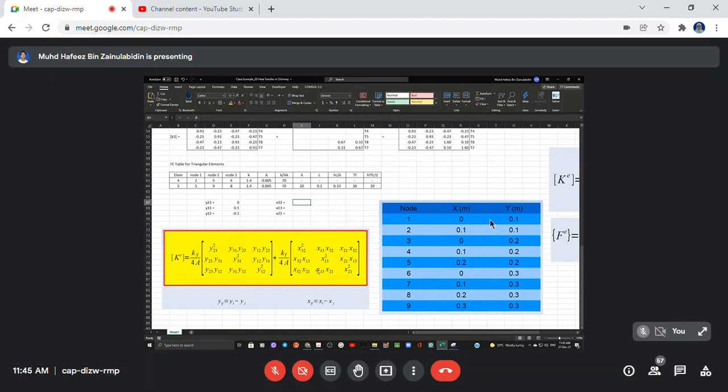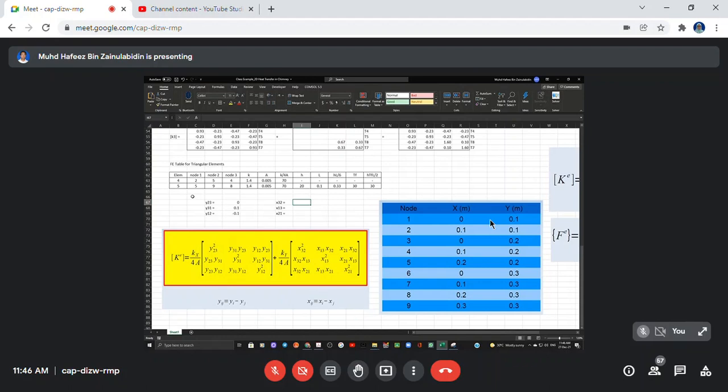Okay, now x coordinate. Previously y coordinates, now x coordinate. x32 means x3 minus x2. Not x3 minus 2 here, but we have to look at x3, which is node 3 here, for element 4.